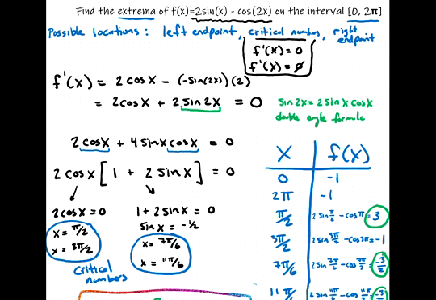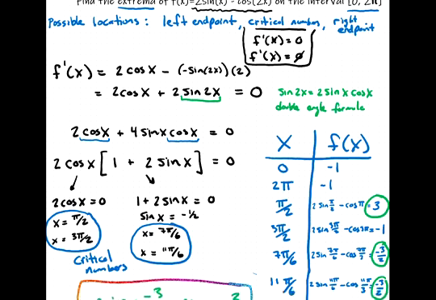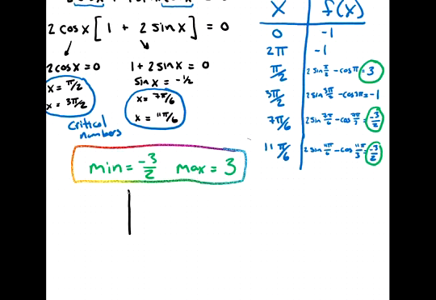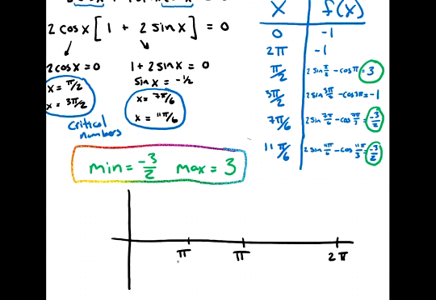And now, I know it doesn't ask for this in the directions, but we could probably come up with a pretty accurate graph of this function just based off of this information. Okay, so we're going 0 to 2 pi. So let's say pi is about there, and that's pi over 2 and 3 pi over 2.